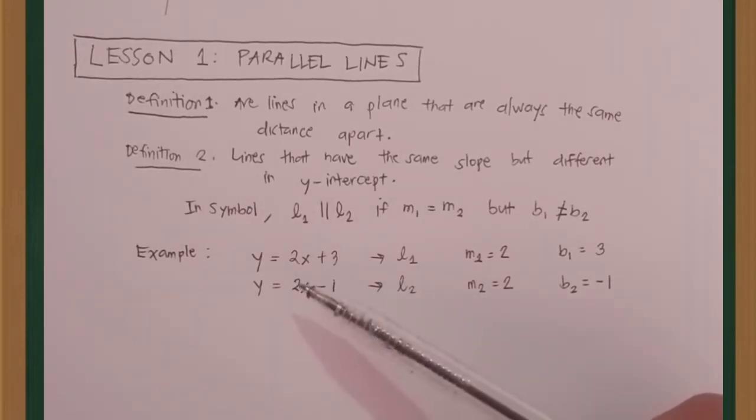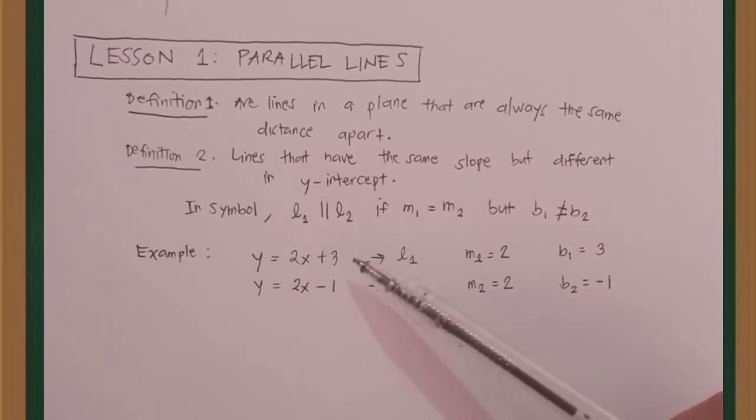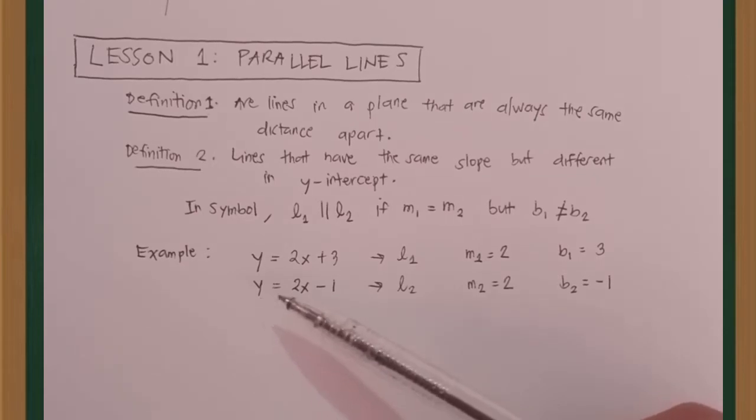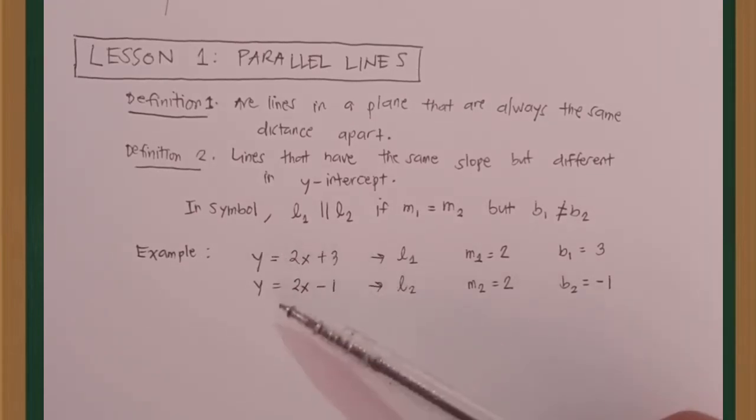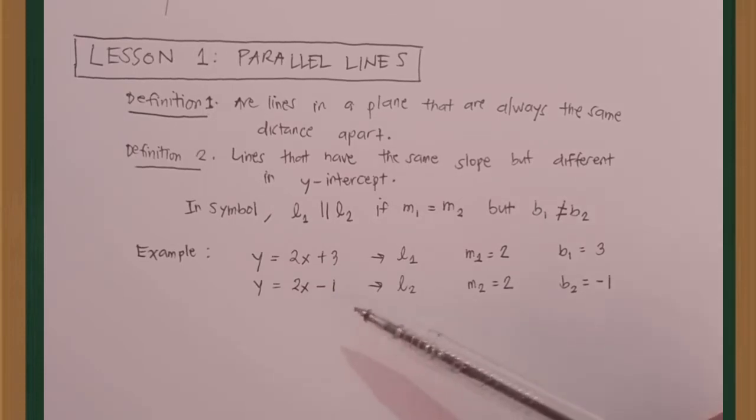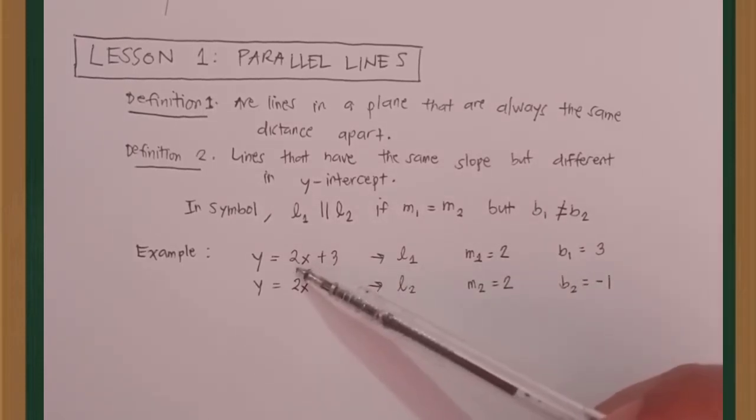We have here two lines. The first line is y equals 2x plus 3. And the second line is y equals 2x minus 1. So this is our first line and this is our second line. Now the slope of the first line is 2, because this is the slope-intercept form.